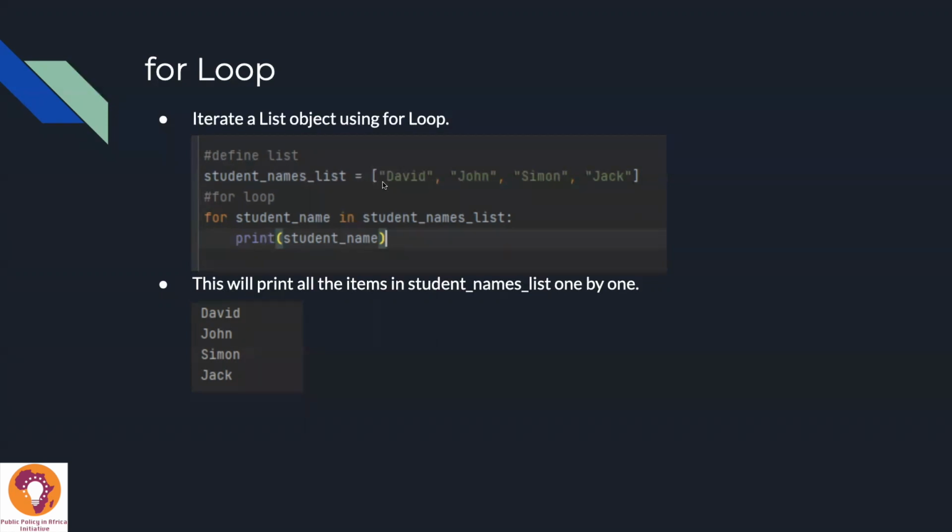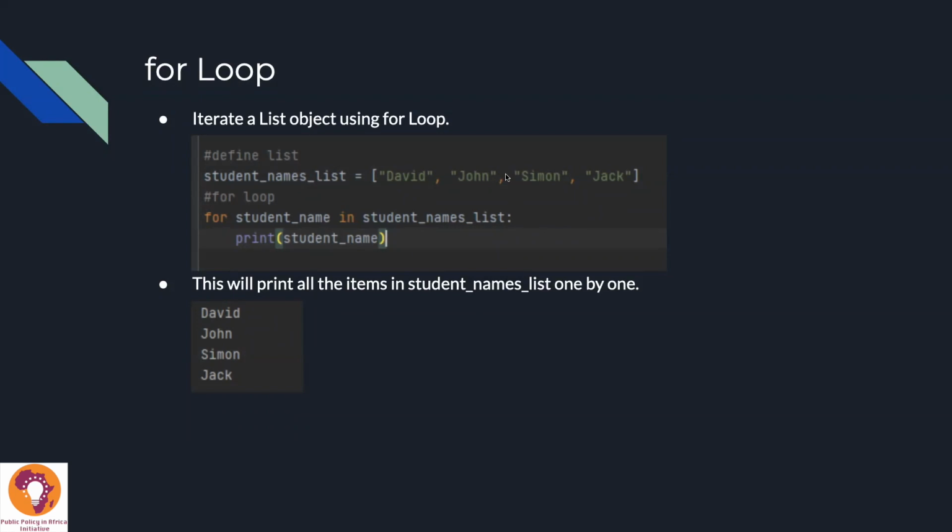So on the first iteration of the loop, we're going to grab David, and David is what's going to be assigned to the variable student name, the locally scoped variable student name, and then we're going to print out that student name. So we print out David here. Now on the next iteration of the loop, so that was the first iteration of the loop. Now on the next iteration of the loop, we're on John. John is what's assigned to the variable student name, so we print out John.